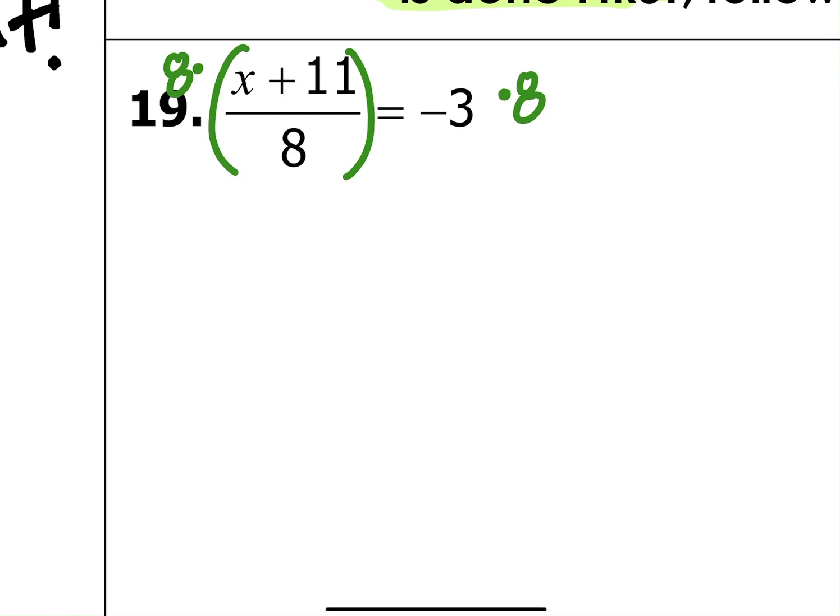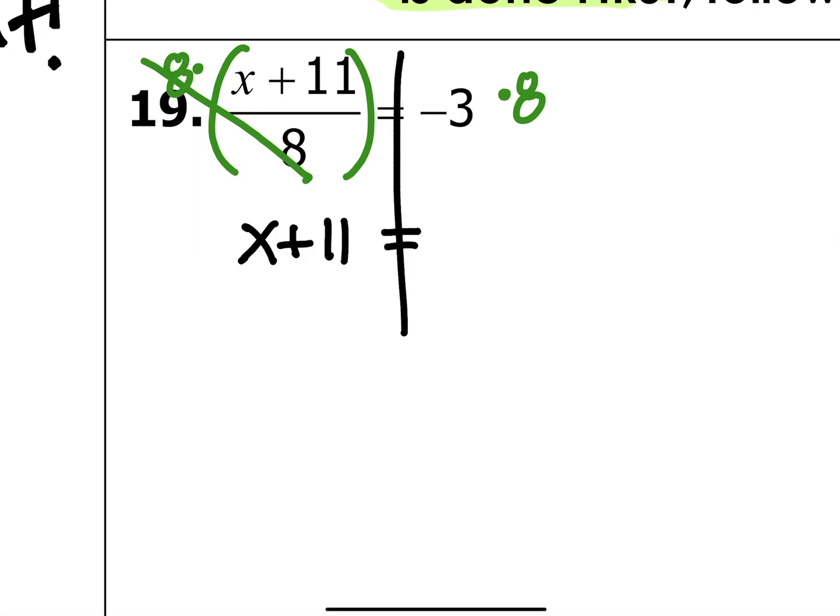I put parentheses on the left side because I'm just multiplying everything over there by 8. It's really not going to make a difference because, oops, sorry, those 8s cancel. So here's what's going to happen. x plus 11 is left over on the left side, and negative 24 is on the right side.